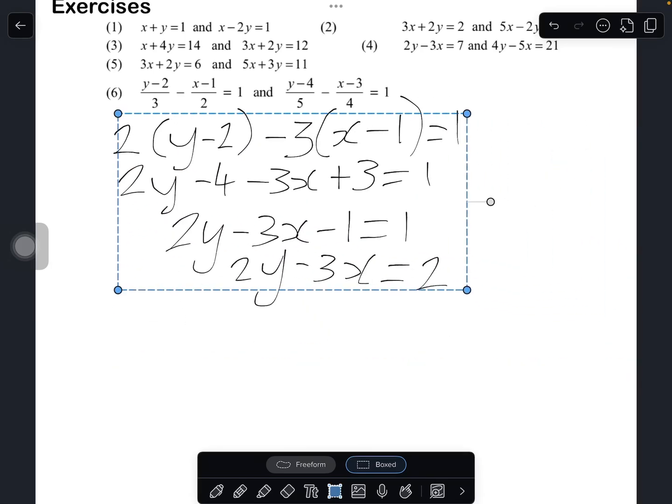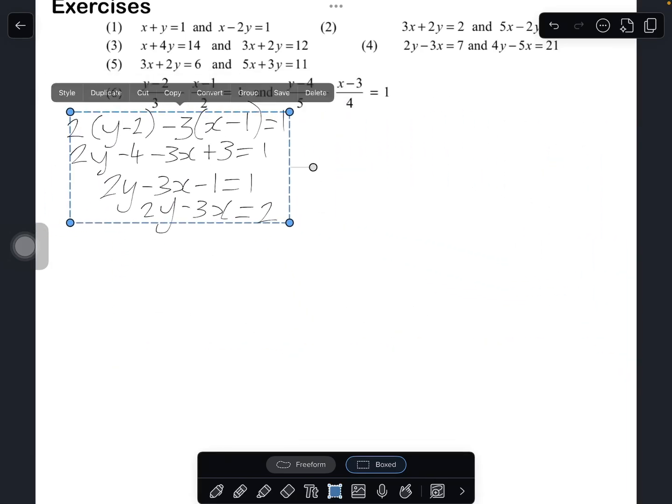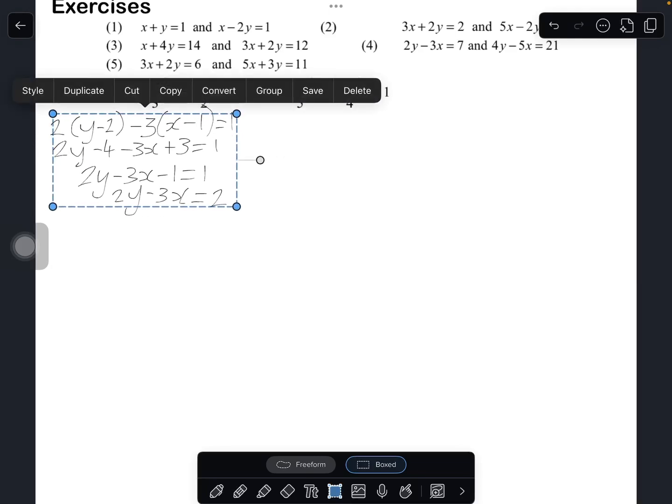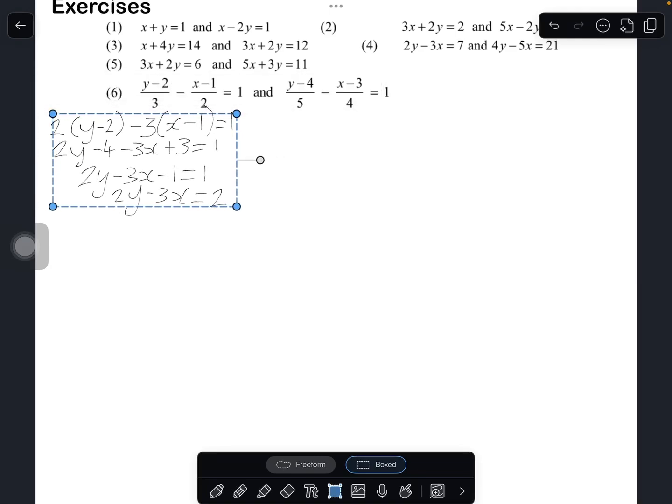So now that we have all of that, we're going to keep that aside. This is important. Now we have the equation in a form that's easier to work with. So let's do that for the second equation as well. What's the lowest common multiple for 5 and 4? It'll be 20.